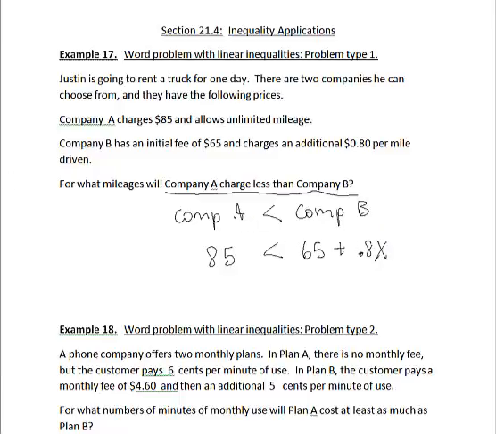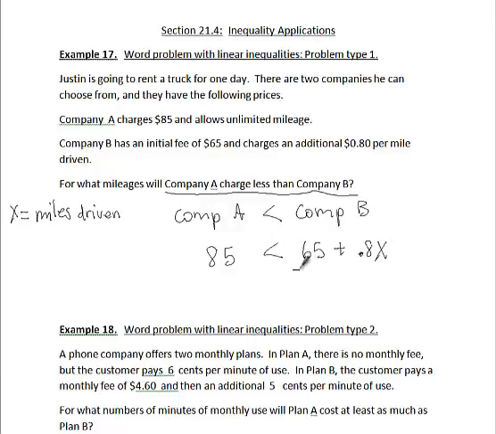And so I've sort of defined a variable here. I say x equals miles driven. Okay, so what number of miles do I have to drive in order to be charged less? Okay, Company A less than B.